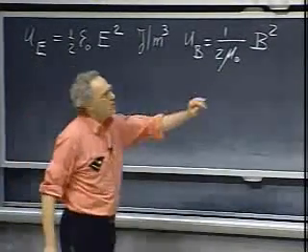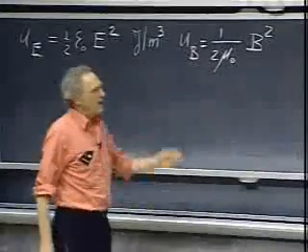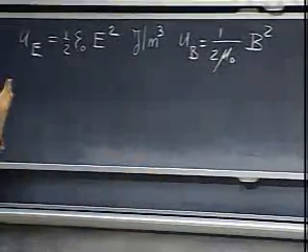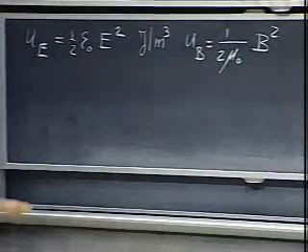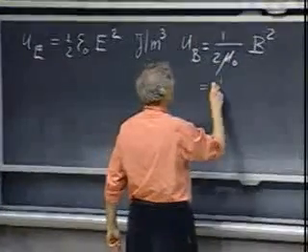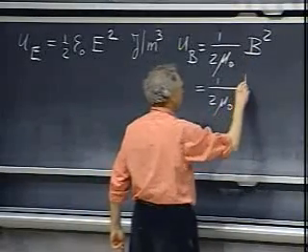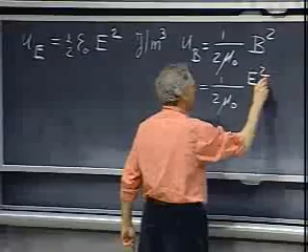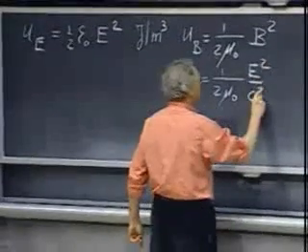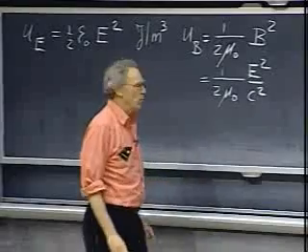Now, when we deal with traveling waves in vacuum, at any moment in time, the magnitude of B is E divided by c. So this is also 1 divided by 2 mu 0. I can replace this by E squared divided by c squared. But c squared is 1/epsilon 0 mu 0.